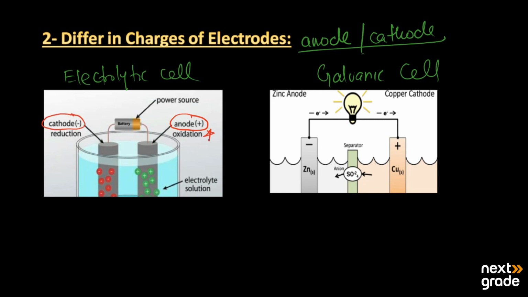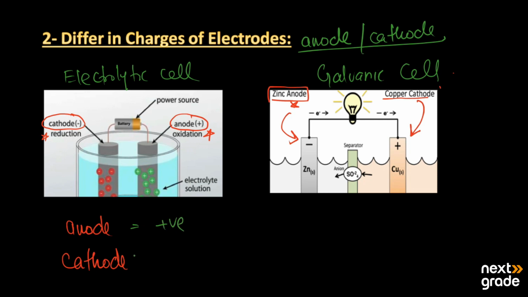Oxidation takes place at the anode and reduction at the cathode. But in the galvanic cell, the zinc working as the anode has a negative charge, and the copper working as the cathode has a positive charge. So the anode and cathode charges are different in the electrolytic and galvanic cells.